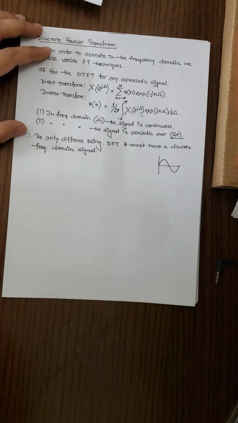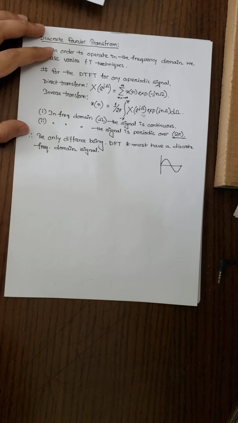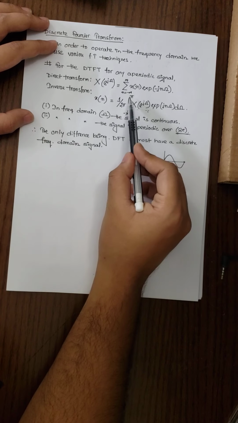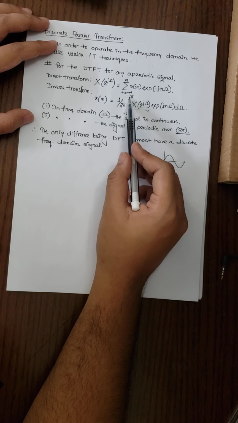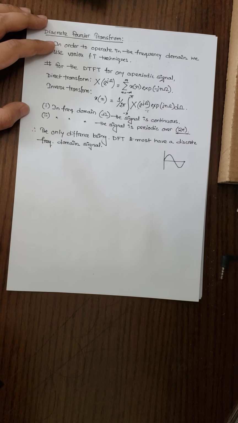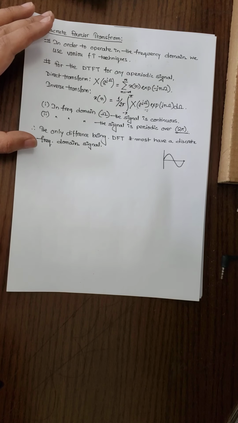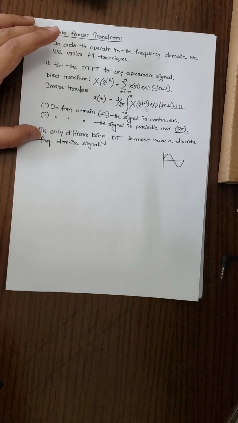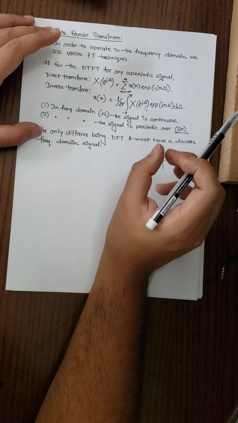So before I go forward, I would like to point out one more disadvantage of the computer: if you look at this integration sign, the computer memory or the computer processor does not have the capability to integrate a function in the continuous domain. So what it does is essentially a summation, but takes the limit to be infinitesimally small.